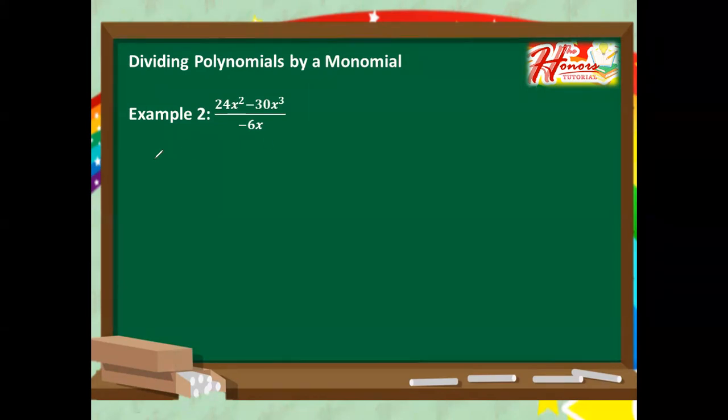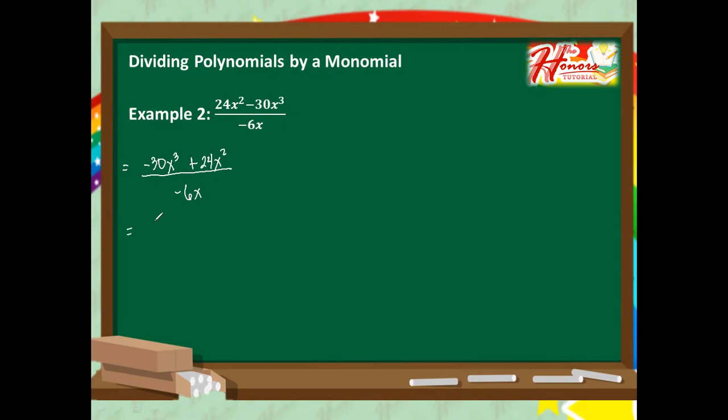So the first thing that you need to do here is to arrange the terms. x cubed should come first because it has the greater exponent. So it should be negative 30x cubed and then plus 24x squared over negative 6x. And then same process.